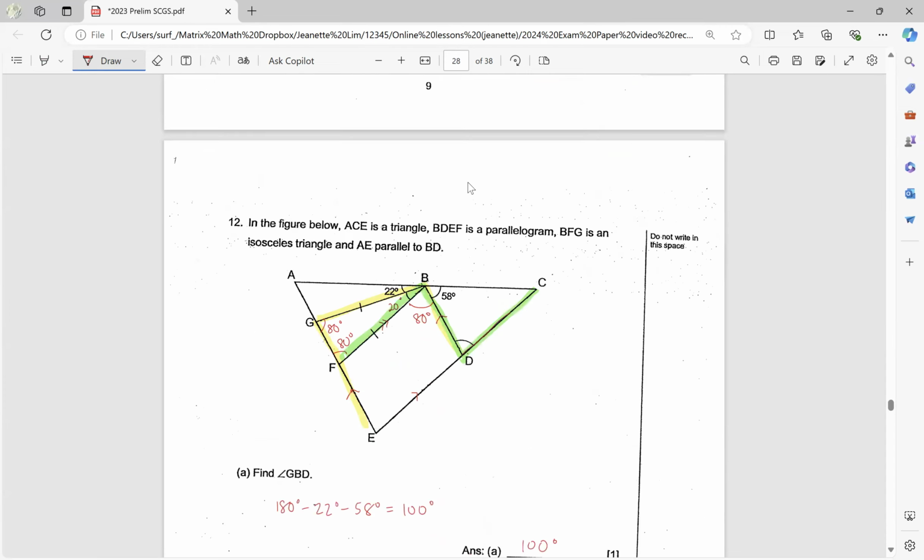Question 13. Freddy had a rectangular block measuring 10 by 3 by 6 cm. He painted all the faces of the block. Calculate the total painted area. Now let's look at the bottom and the top over here.